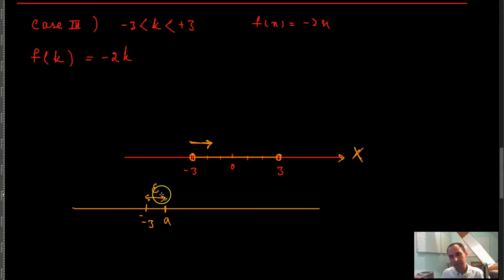let's say that this a is a number immediately after -3 when I'm moving towards positive x's.